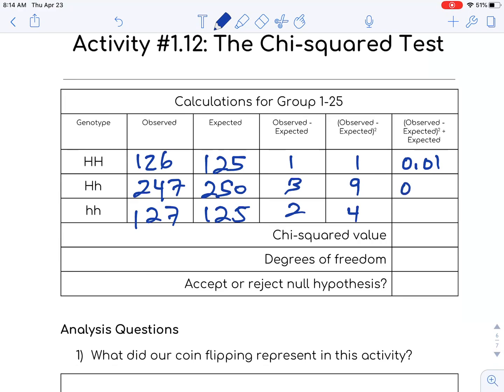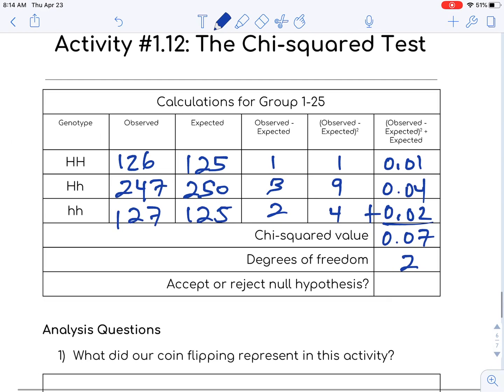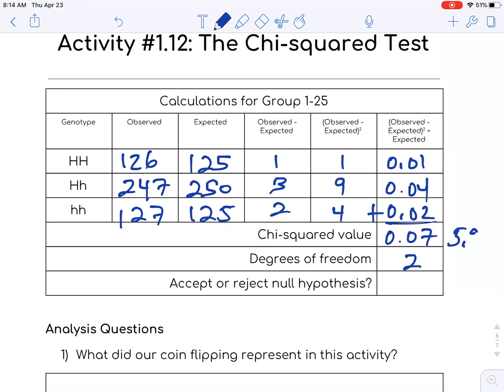That equals 0.04. And then we have 2 divided by 125 equals 0.02. Add those up, 0.07. Virtually no deviation from that model at all. Remember, our critical value is 5.99, and we are way less than that. So we're going to accept, and we're going to say that our model equals our data.